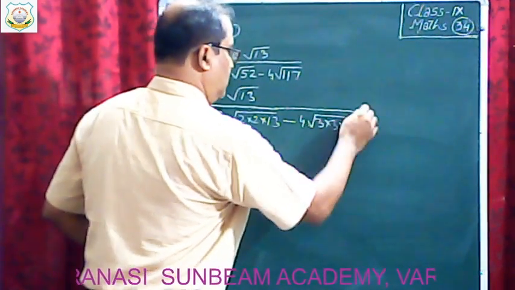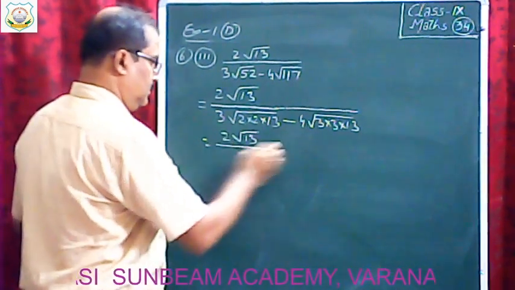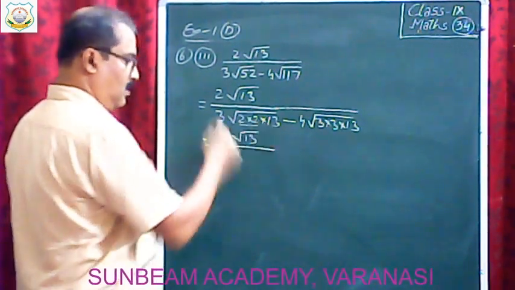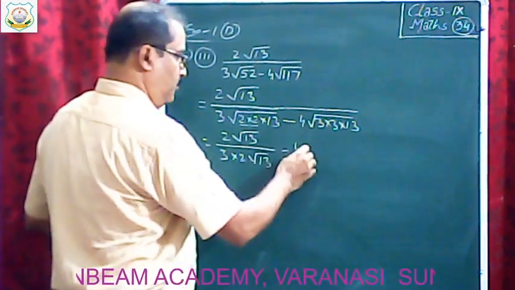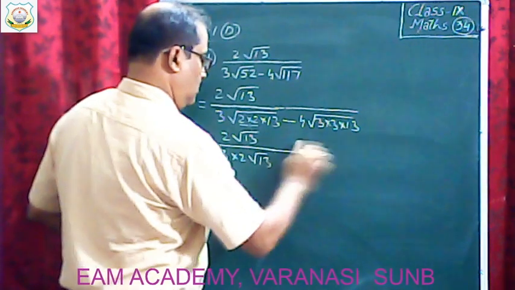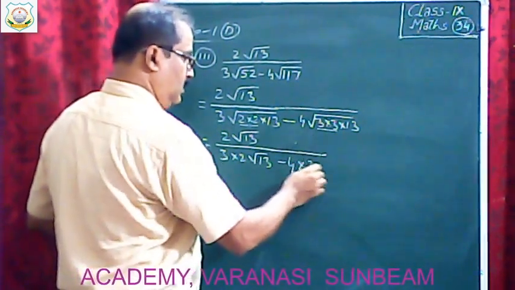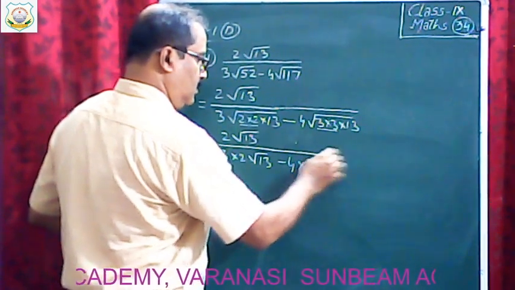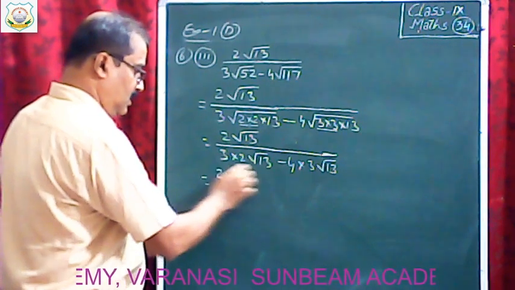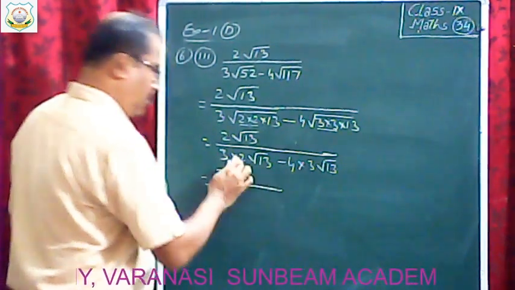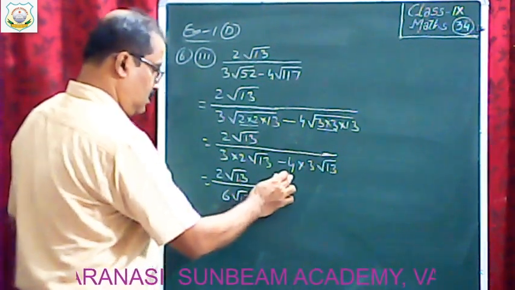Okay, so finally what we get? 13 3. We get a pair of 2, take out 1 2, put 13 left, 4 minus 4. We get a pair of 3, take out 1 3, then square root 13 left under the radical sign. So 2 root 13 upon 6 root 13 minus 12 root 13.